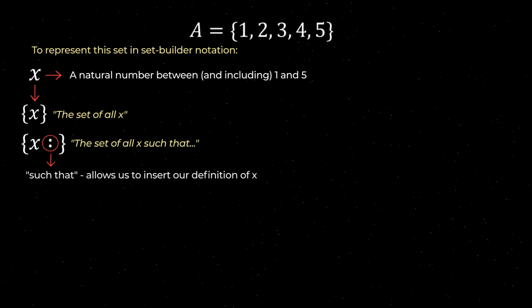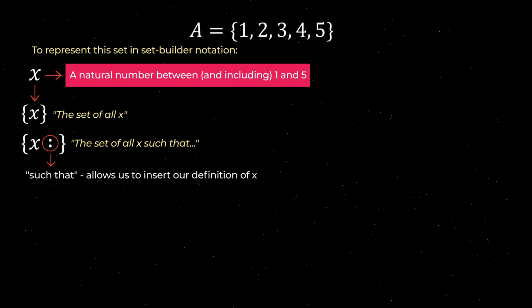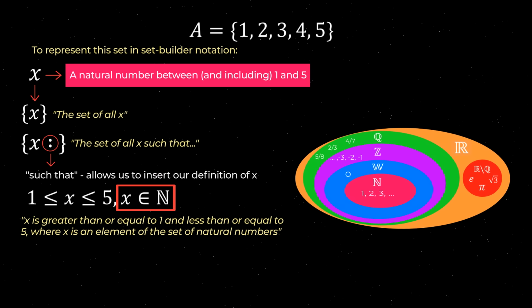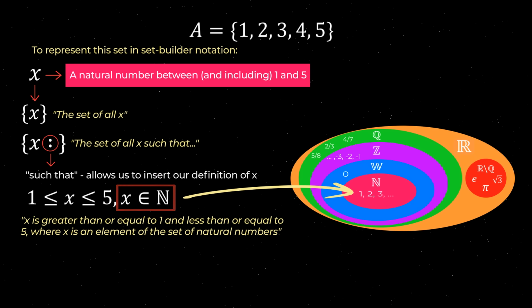Next, we go ahead and insert our definition of x using appropriate mathematical symbols. We defined x as a natural number between and including the numbers 1 and 5. Mathematically, we can represent this as follows, which is read as x is greater than or equal to 1 and less than or equal to 5, where x is an element of the set of natural numbers.